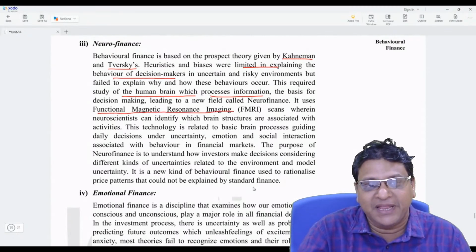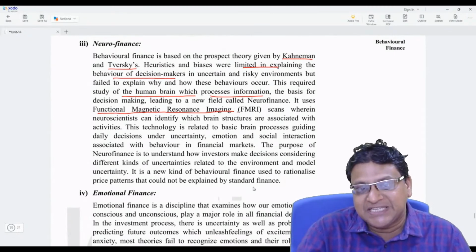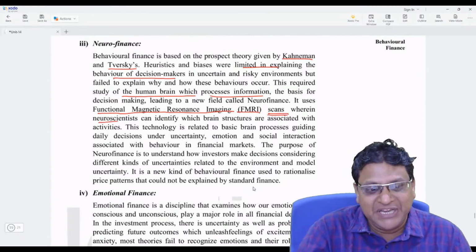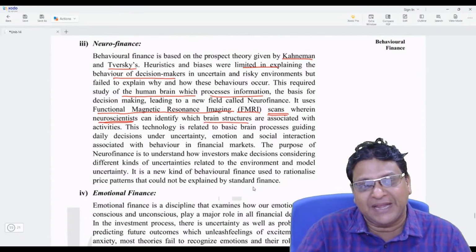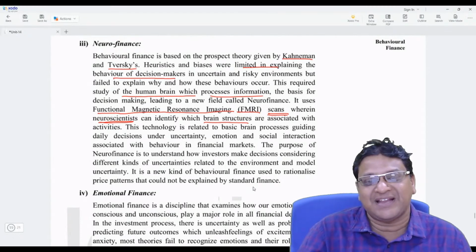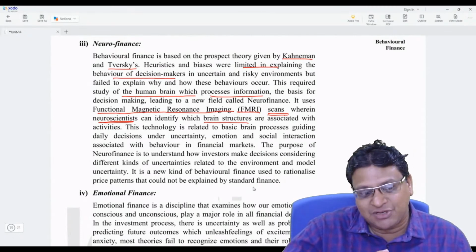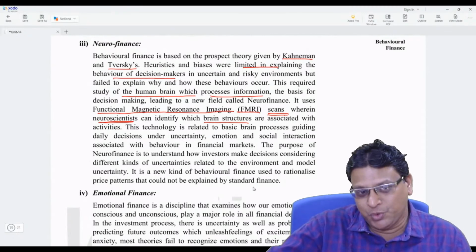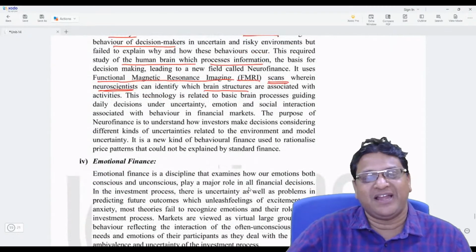What is fMRI? Functional magnetic resonance imaging technique. These are the scans which are made by neuroscientists to study the structure of the brain which creates anomalies. So neurofinance is a new concept. It's the application of neuromedical science technology to study behavioral finance.